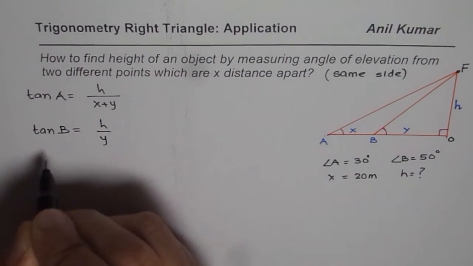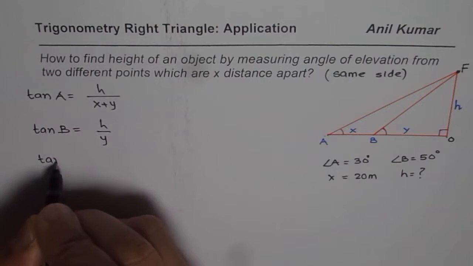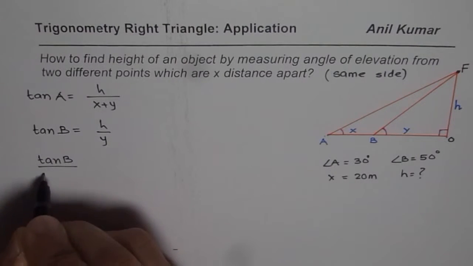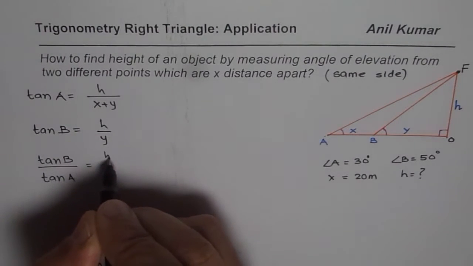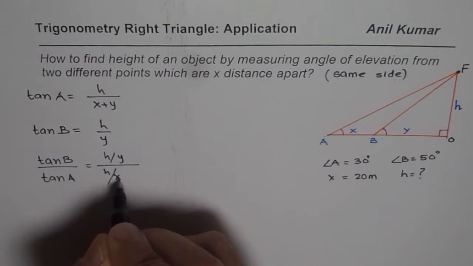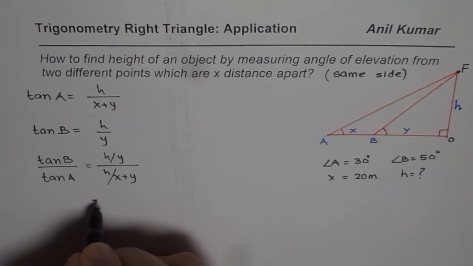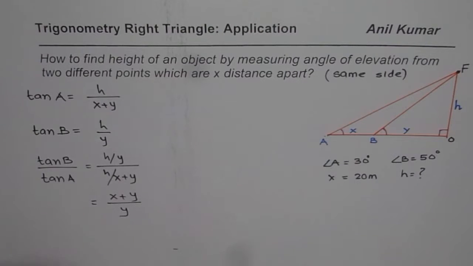Correct. If I find the ratio of tan B over tan A, what do I get? Tan B over tan A will be h over y divided by h over x plus y. Correct. So that gives me x plus y over y.